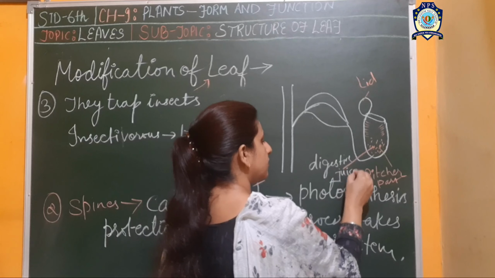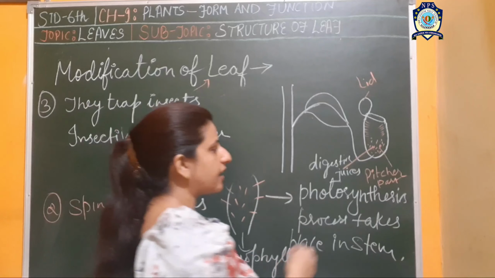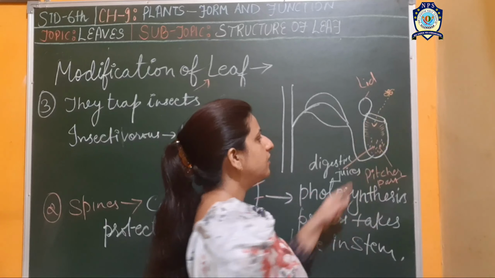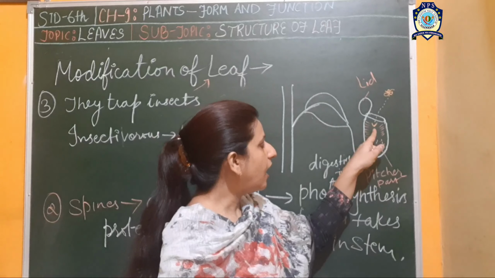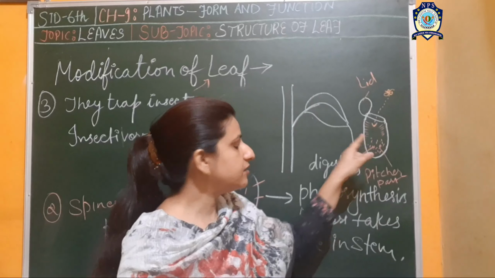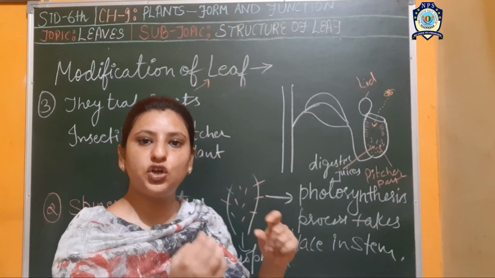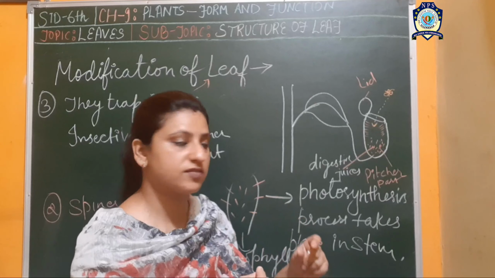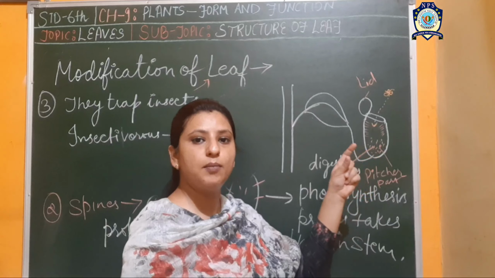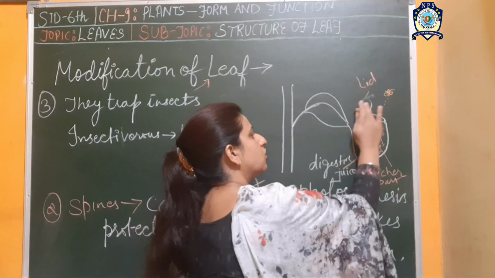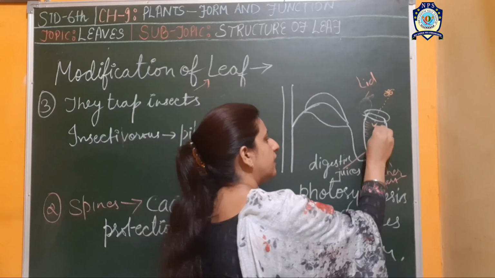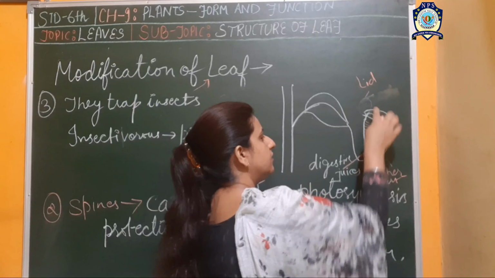It is filled with the digestive juices. So whenever any insect enters, if this is an insect, if it tries to enter the pitcher and it tries to sit on these hair-like structures, then what happens? These hair-like structures give a sensational stimulus to the leaf, and automatically when the stimulus is given by the hairs, then this lid gets closed down, and this insect gets trapped inside the pitcher.